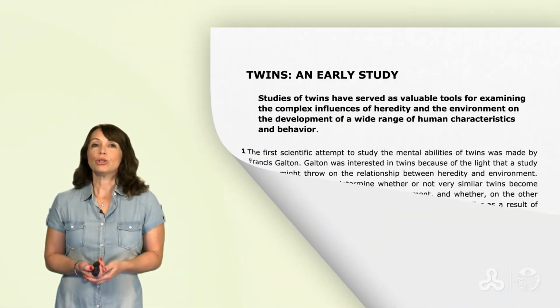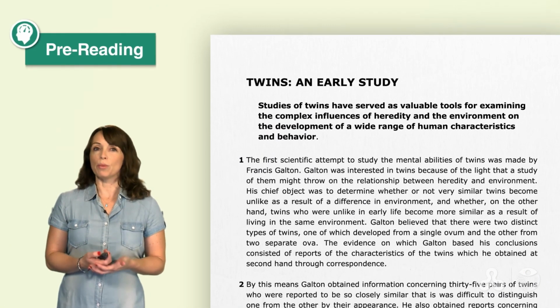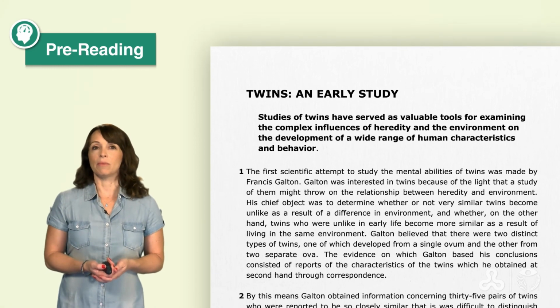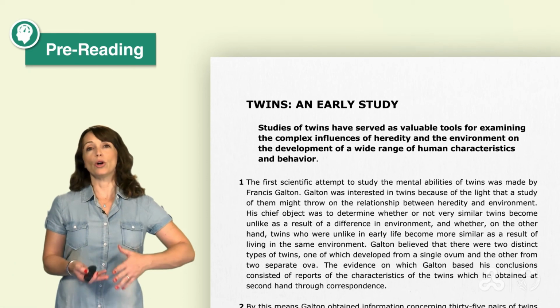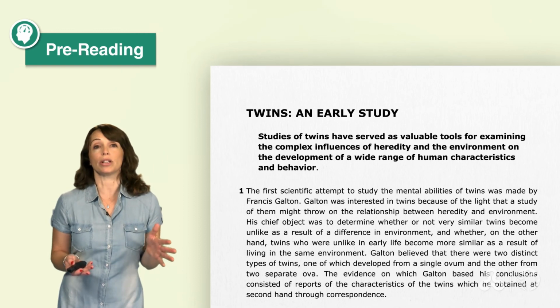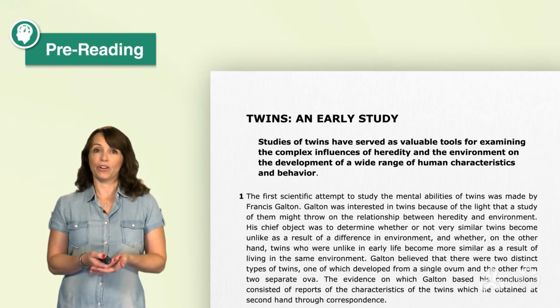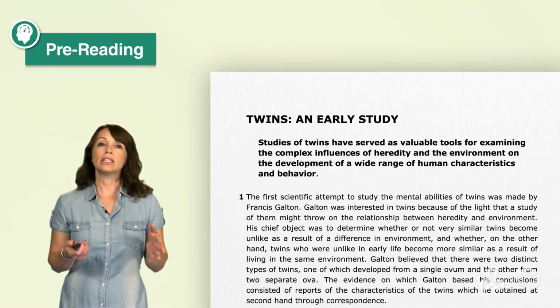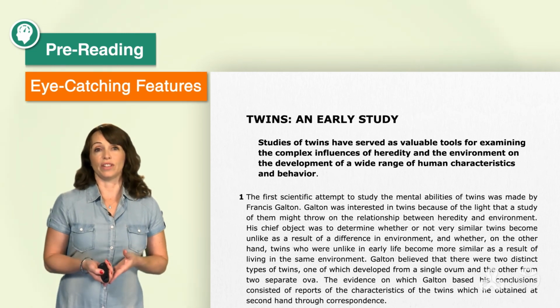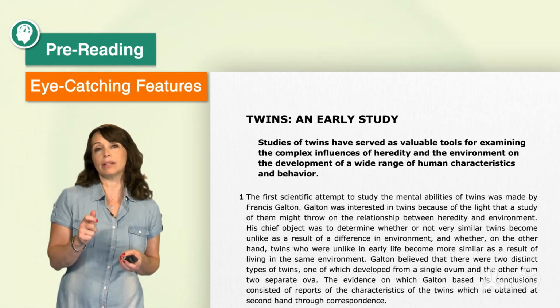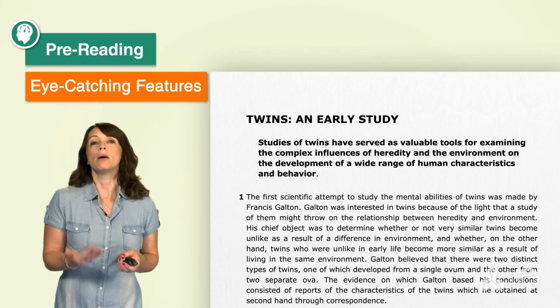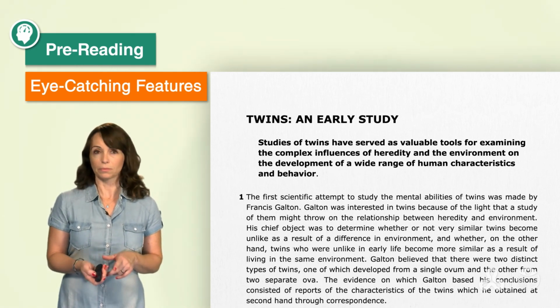Okay. So let's begin. As usual, we always begin with the pre-reading, and this text, as opposed to previous text, is pretty short. We only have 4 paragraphs, okay? So now let's look at what are our eye-catching features. What are the items we will look at to try to get an idea of the topic of our text.